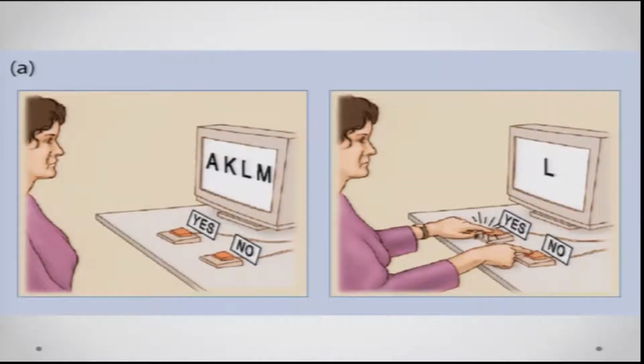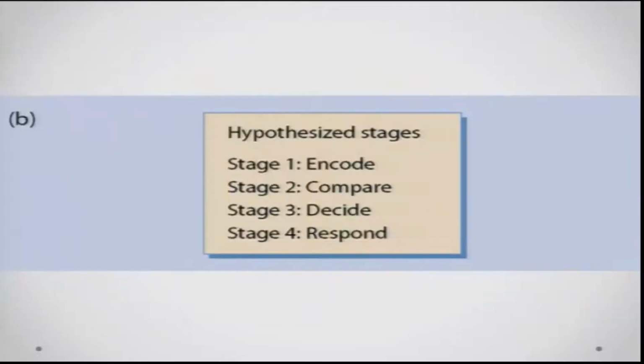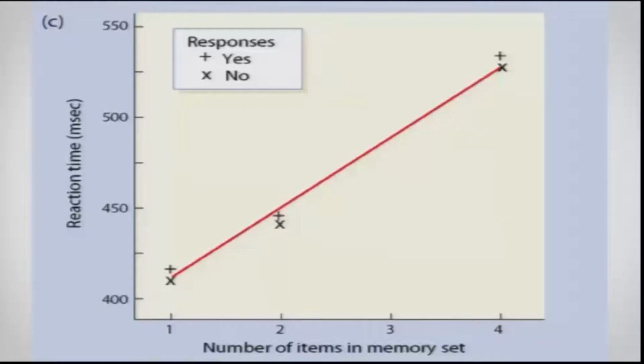What he basically thought was that these were the stages: encoding the stimulus presented, comparing whether there is L or not in it, then deciding which button to push, and then finally responding. So, he showed that the number of items in the memory set and the reaction times are positively related; they are directly proportional to each other.